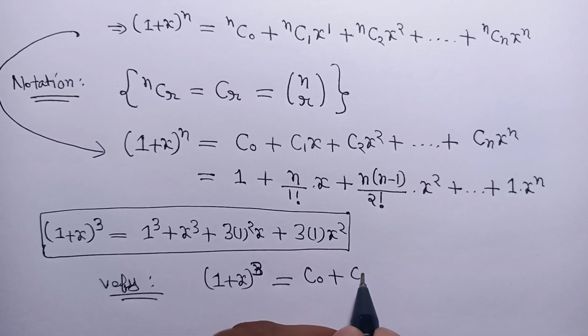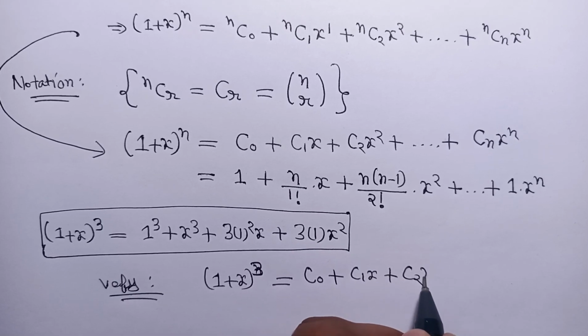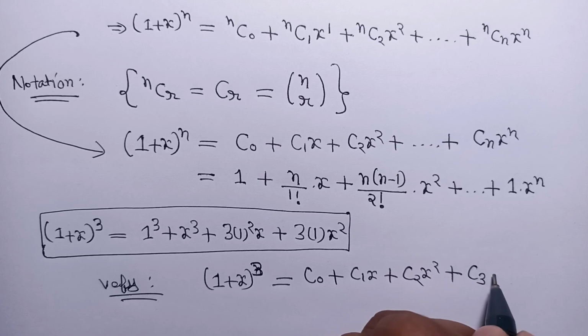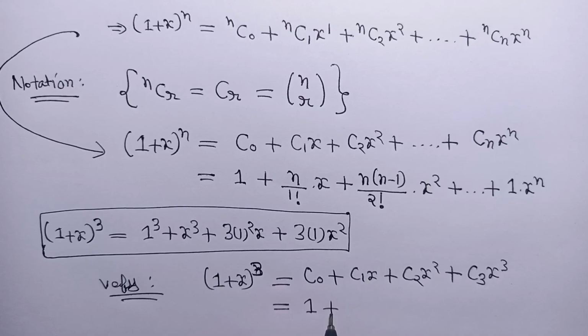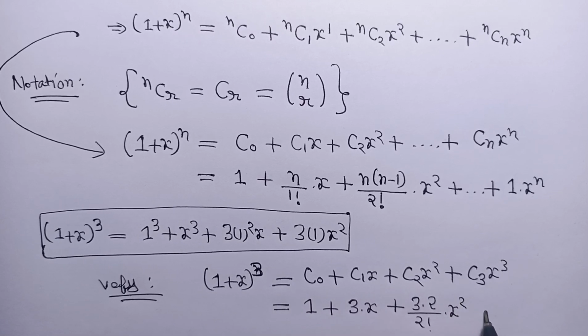C0 + C1x + C2x² + C3x³. So you cannot go further because your r should be less than or equal to this power n. So this will be equal to 1 plus C1 means 3 upon 1 factorial, so only 3x, plus C2 is 3 into 2 upon 2 factorial into x², plus C3 is 1 again, x³.